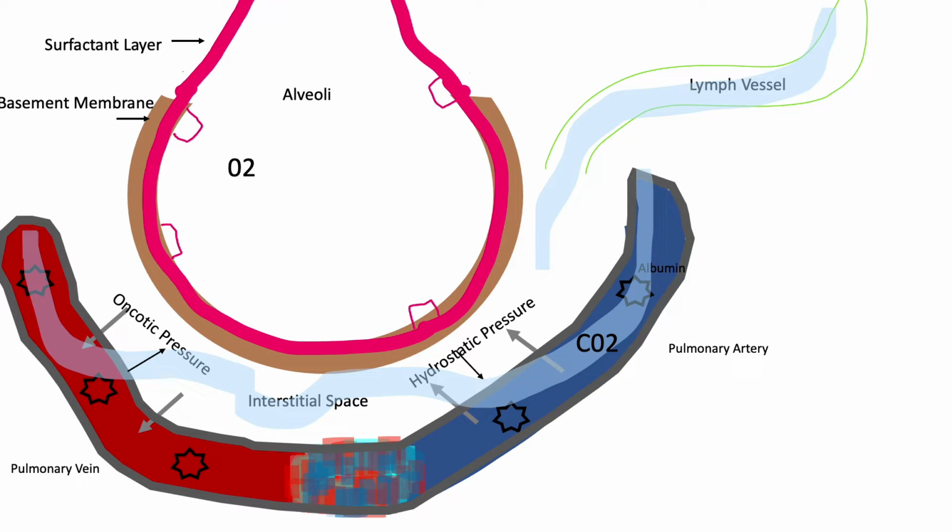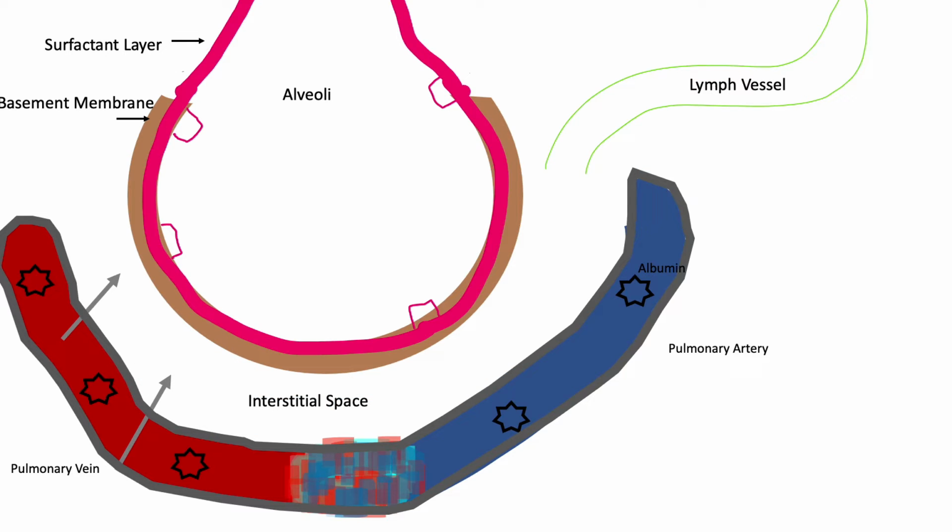If we had an increase in capillary hydrostatic pressure, a decrease in capillary oncotic pressure, increased capillary membrane permeability, or if we had obstruction of the lymph vessel, all those things can lead to accumulation of fluid inside the interstitial space and eventually within the alveoli. One of the first causes of pulmonary edema would be increased hydrostatic pressure.